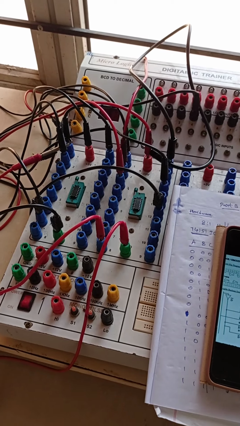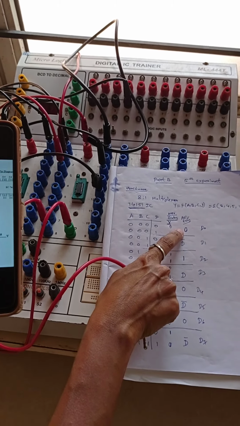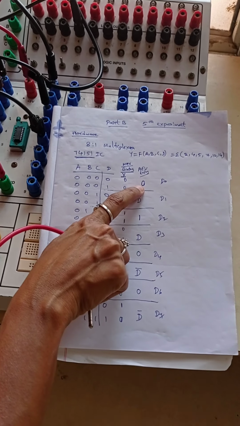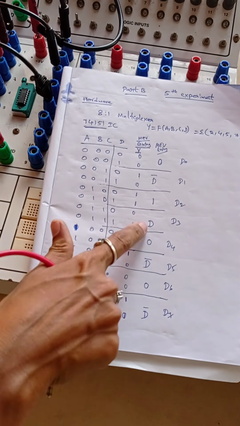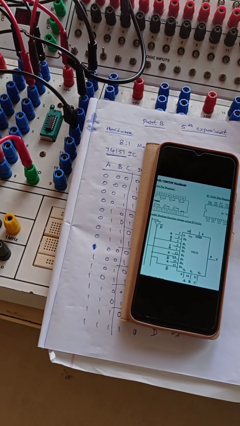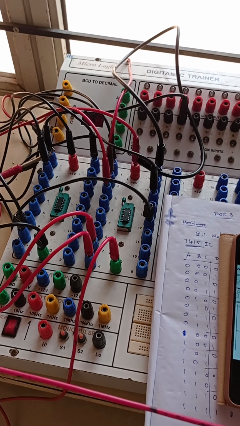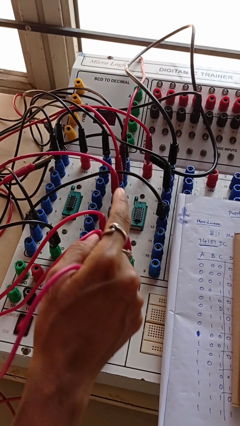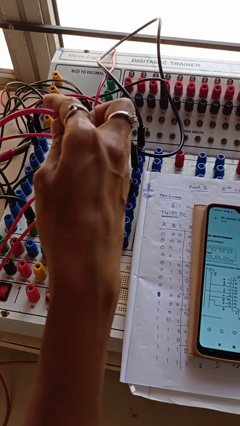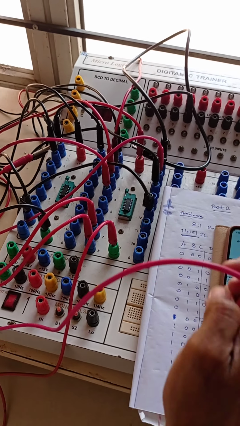Okay. Now we should connect the remaining pins, that is D0, data input 0, D4 0, D6 0. These 3 pins should be 0. That is pin number 7, pin number 4, pin number 15 and pin number 13.